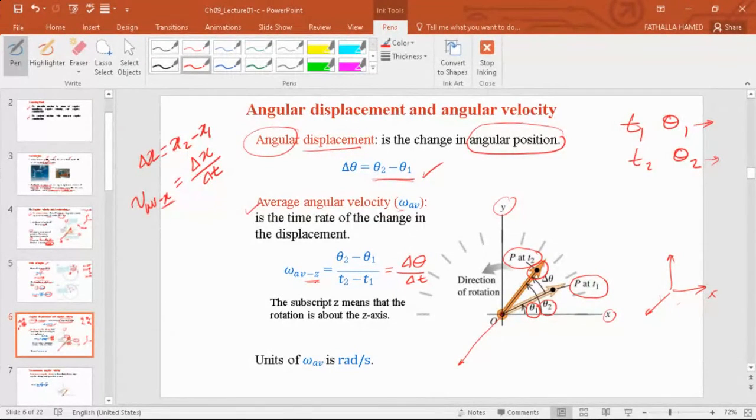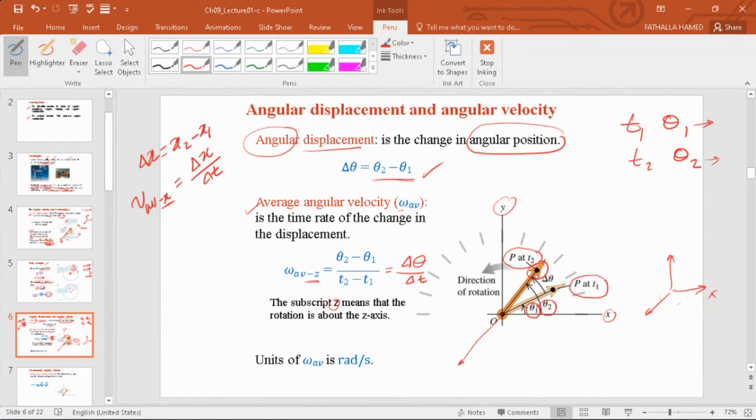That's why we put the z here. So we say omega_avg,z, that means the average angular velocity around the z-axis. It will be delta theta by delta t, which is theta 2 minus theta 1 over t2 minus t1. The subscript z means that the rotation is about the z-axis.